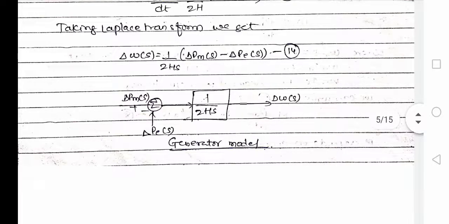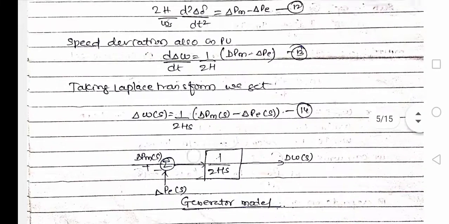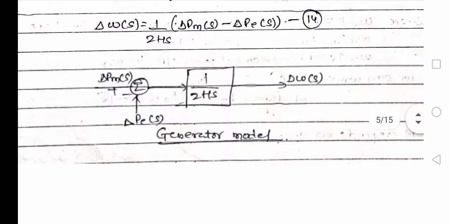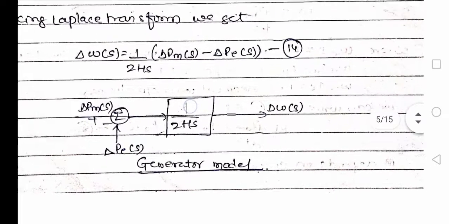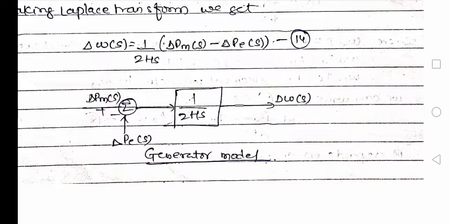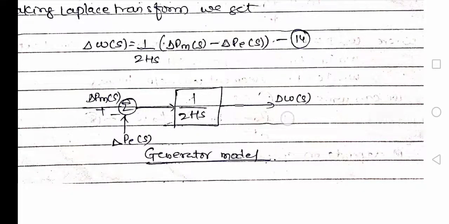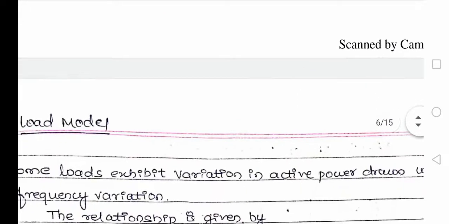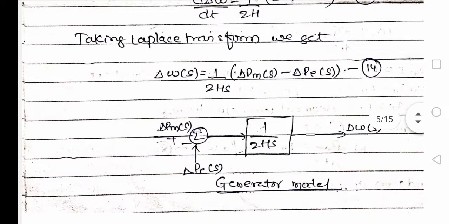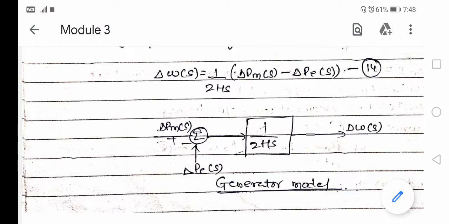After this, you can represent it as the generator model: delta Pm of s you give as an input, and delta Pe of s also will be there. The summation of these goes to the Laplace transform block of the generator, that is 1 divided by 2Hs, and the output you get is in terms of speed, that is delta omega of s. This is the generator model of the system. So this completes the derivation of your generator model.